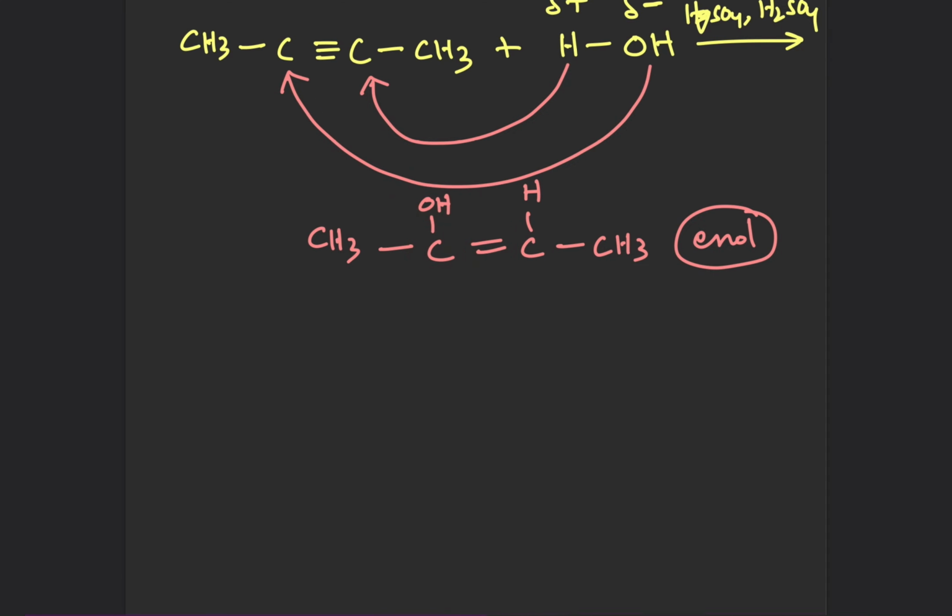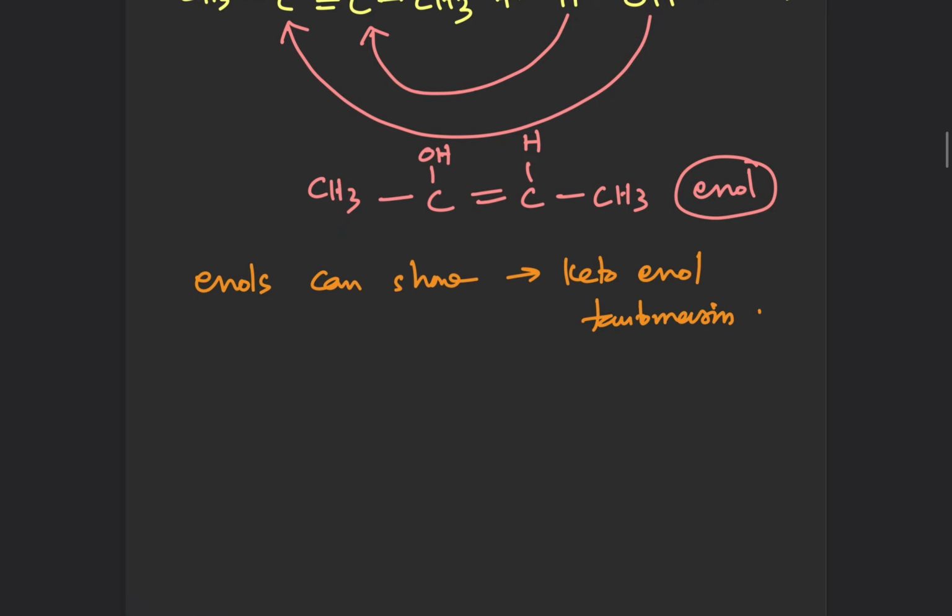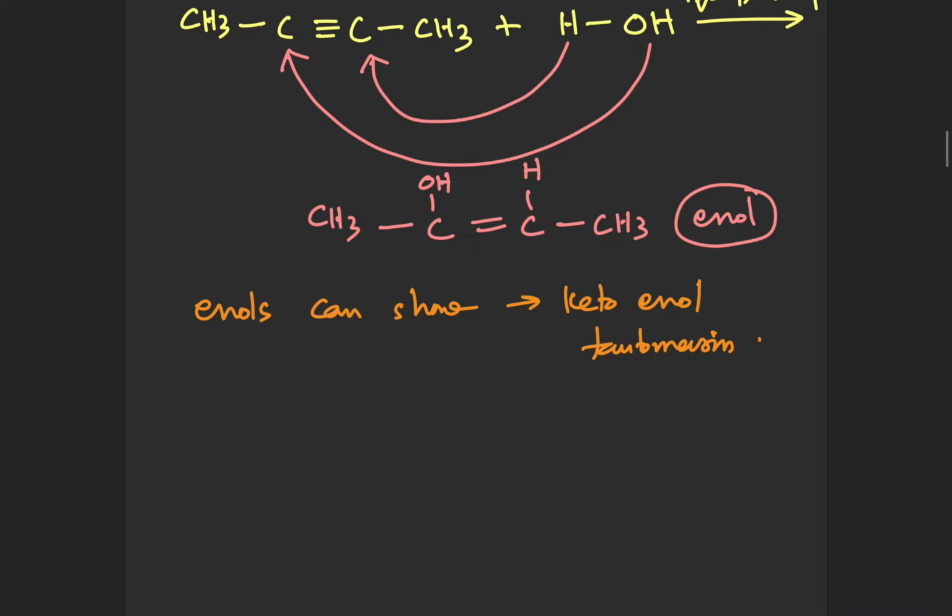Okay, and enols can show tautomerism, and to be specific, keto-enol tautomerism, where the hydrogen migrates from one polyvalent atom to the third polyvalent atom within the same molecule.